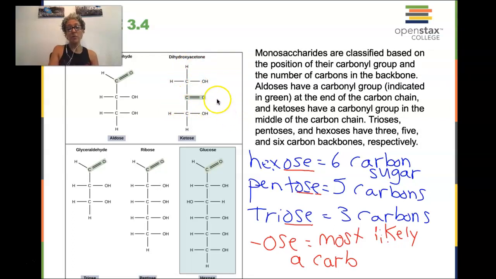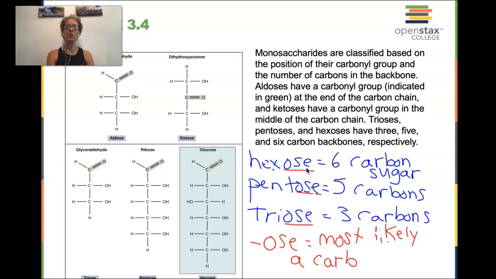The way I remembered this is that ketones are like a keyhole in the middle of the molecule, and so aldehyde's the other one. It's on the end. And the ose is a suffix that also indicates that we're dealing with carbohydrates.